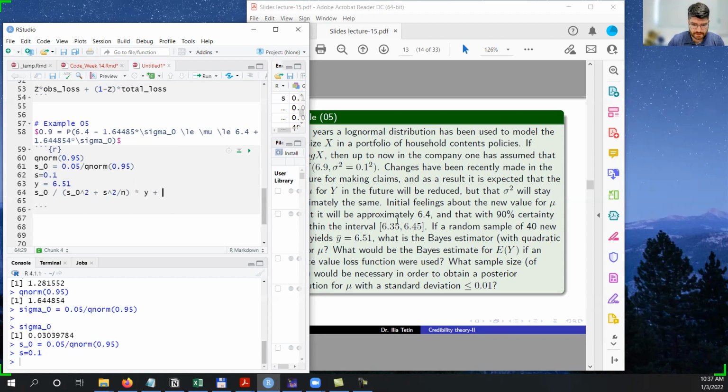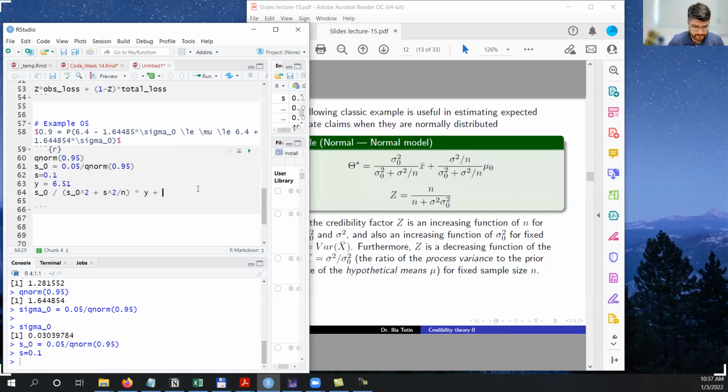Plus the second part of the formula, S squared over n, divided by S0 squared plus S squared over n, times mu 0. Mu 0 is 6.4, given, and n is 40.